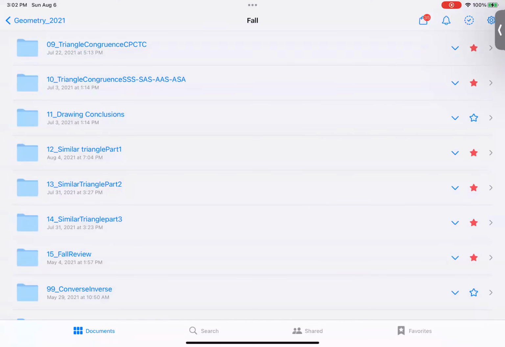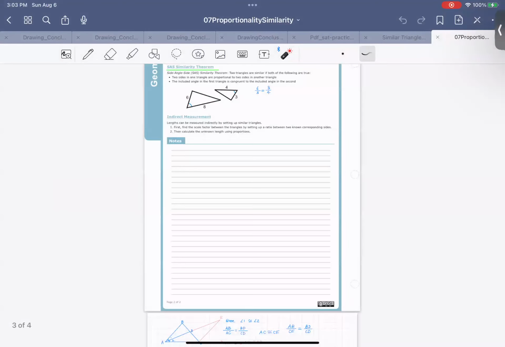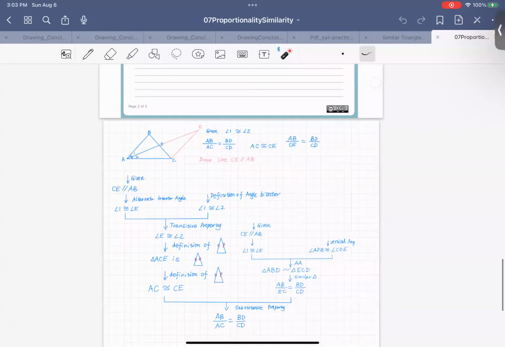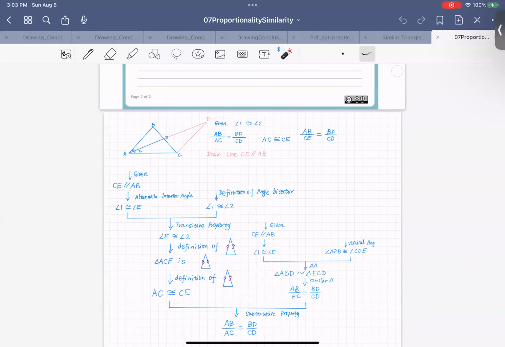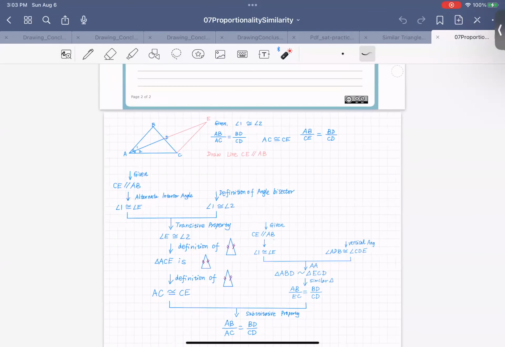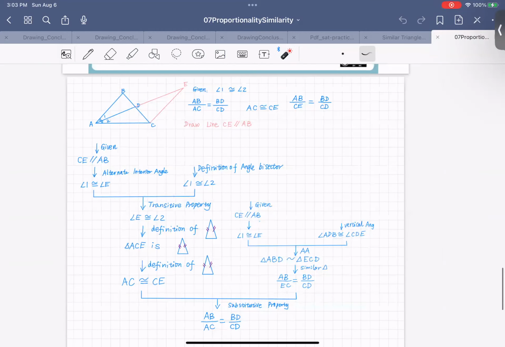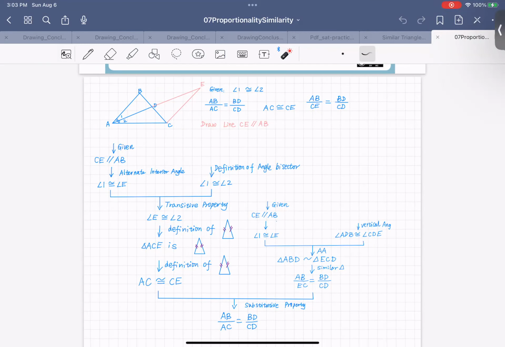We are doing this to make you ready for our future triangle similarities. Here, look. This is a very hard proof question that we are going to learn. This is a difficult question.